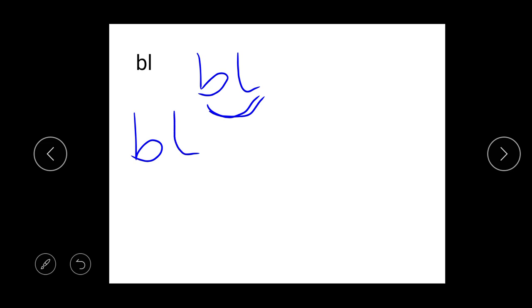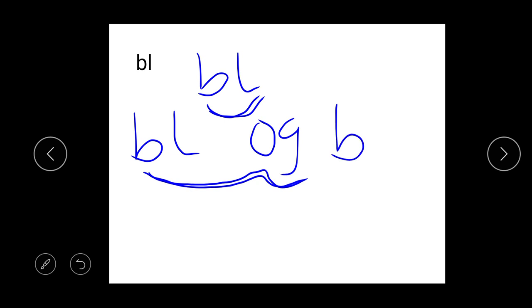We have the b and your l, and this will give you bl. Okay. Example words with consonant cluster bl: when you have your bl, then you have your og, you put them together, you have blog, blog.